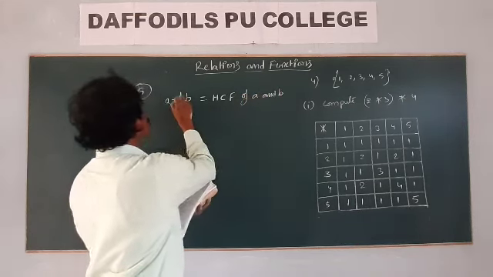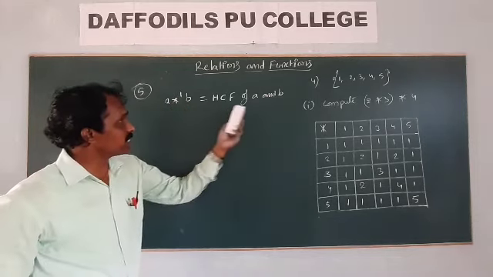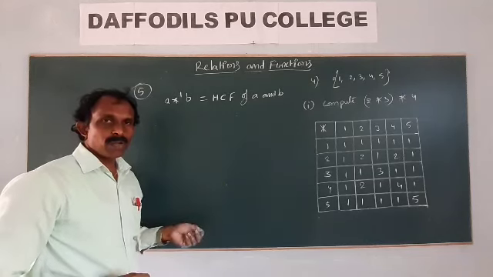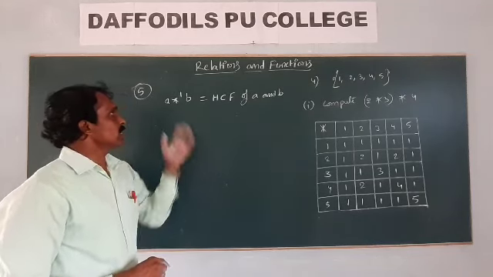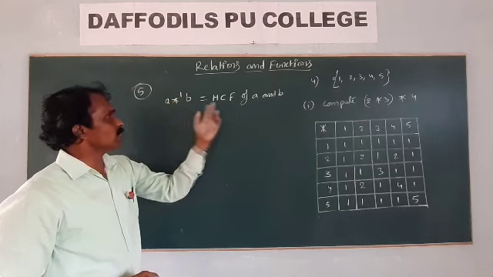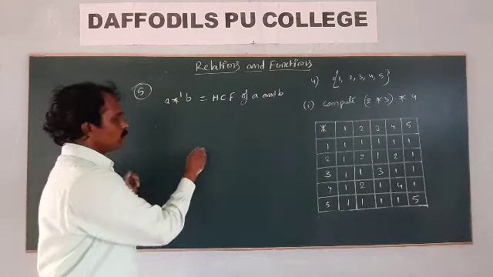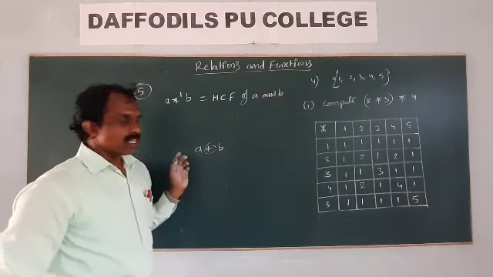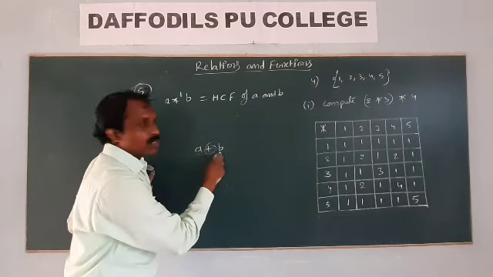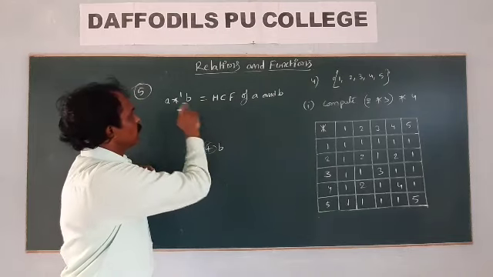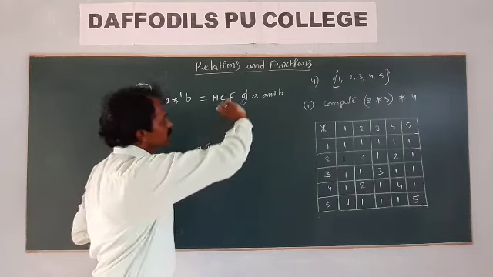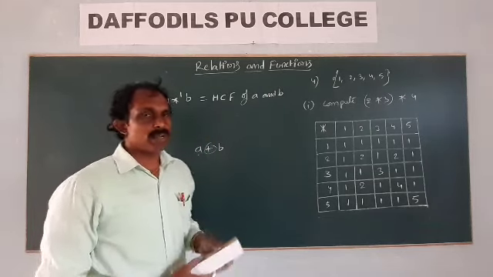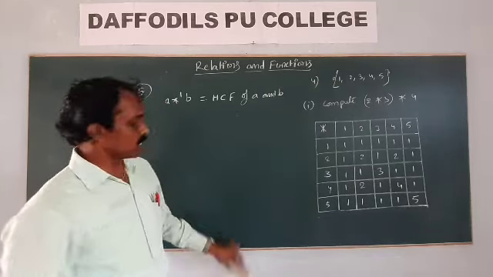This is the star dash operation. Like algebraic operations, a plus b means the operation of addition is applied between a and b. Here also, the star dash operation means HCF is applied between a and b. So that is the concept.